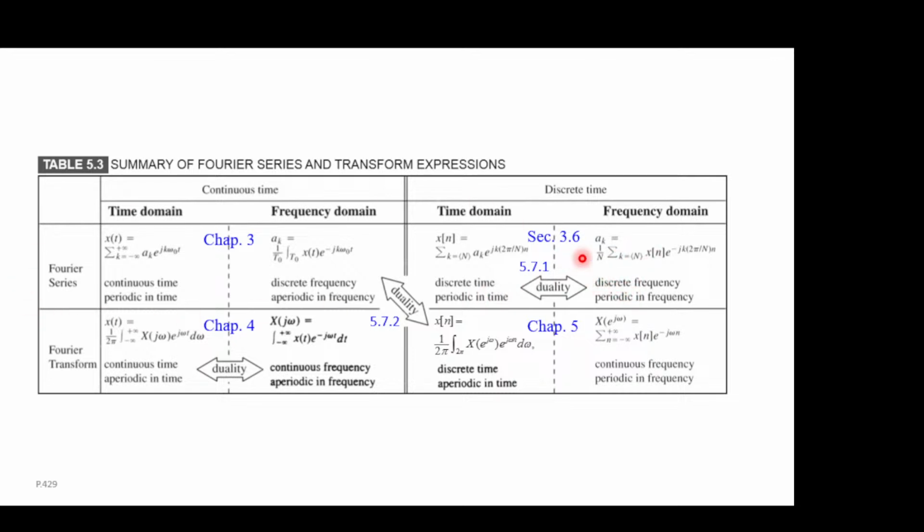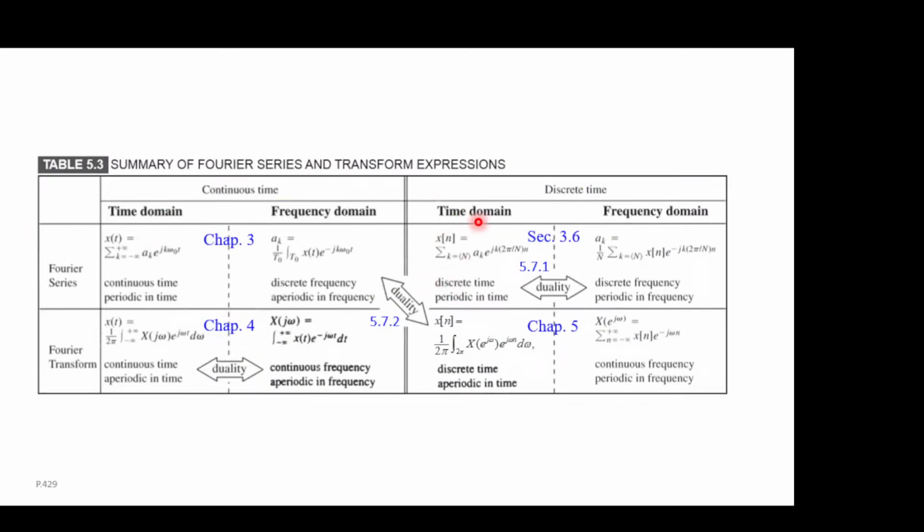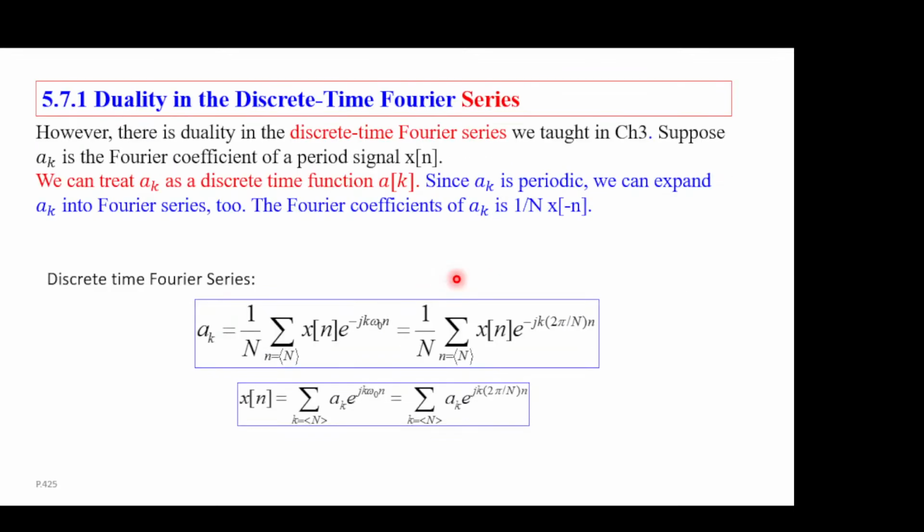And when that translates into k, that means that a_k is periodic in k, and actually that means a_k is periodic with period big N, just like the period big N for x[n]. Okay, so we proved that. If you don't remember, you can check that.